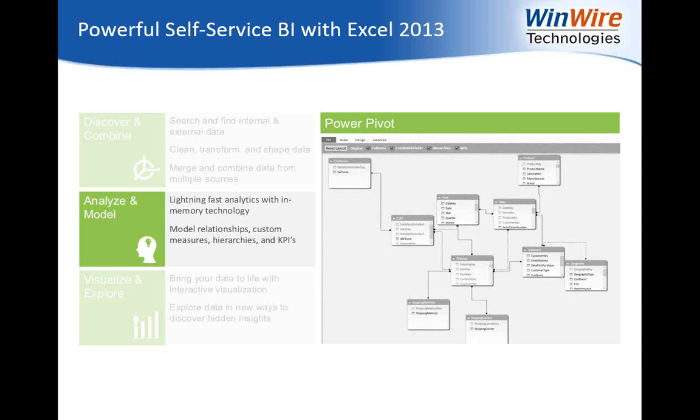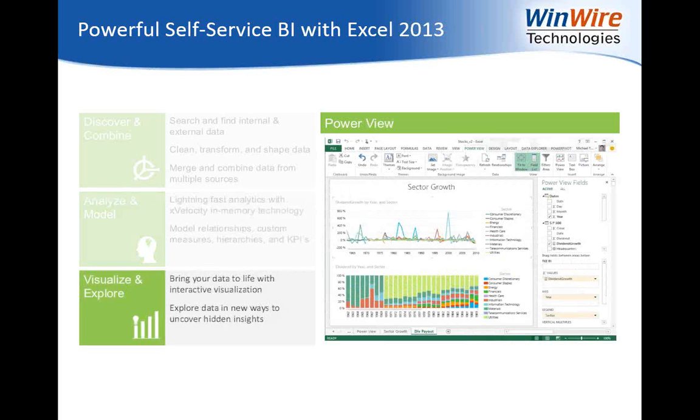Power Pivot is an excellent tool. It's lightning fast. It has an in-memory analysis engine, which provides very good data browsing speed and analytical capabilities. Once we have our data model ready, we are good to visualize the data using another tool, which is Power View.